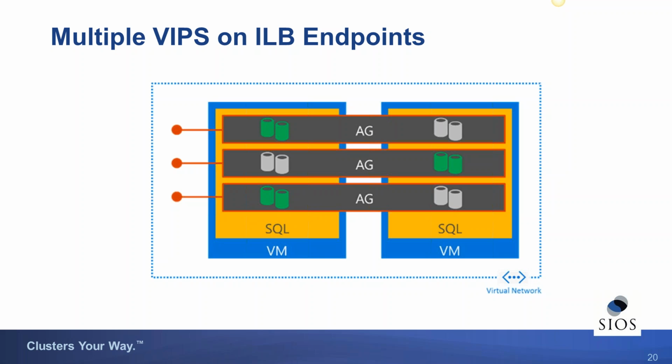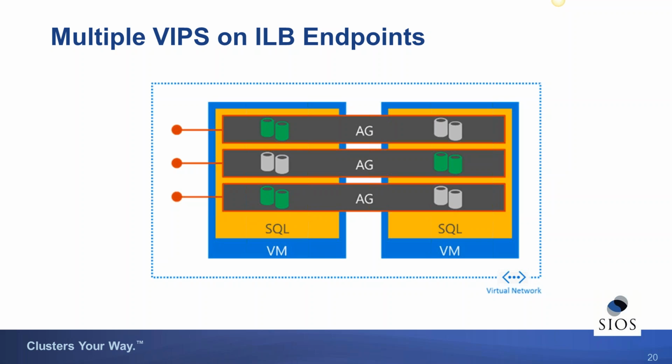If you've tried to deploy a SQL Server Always On availability group in Azure, you probably realize that up to now you were limited to a single availability group listener due to a limitation in the Azure internal load balancer.